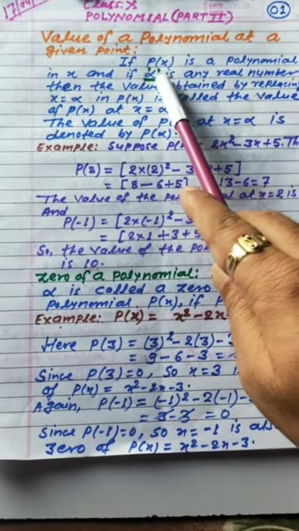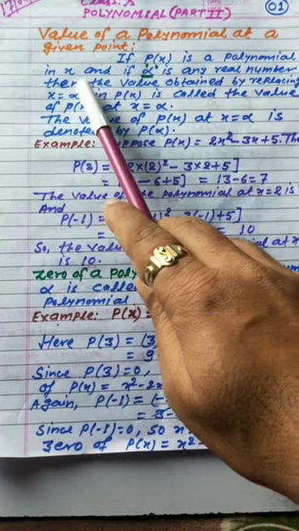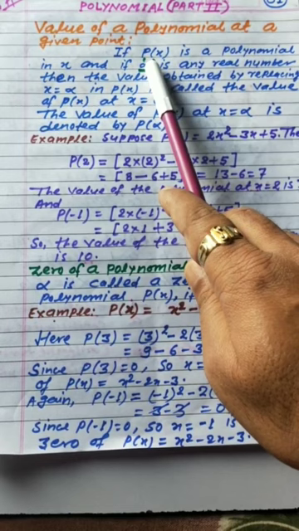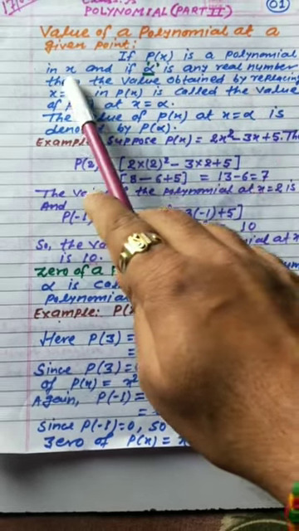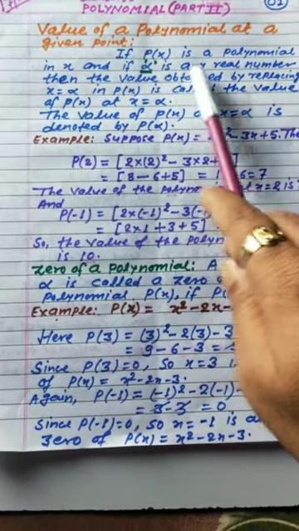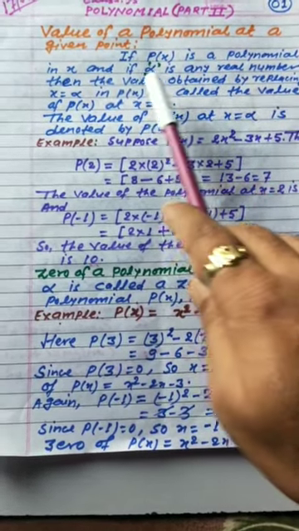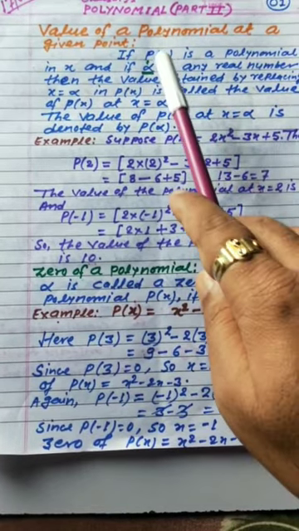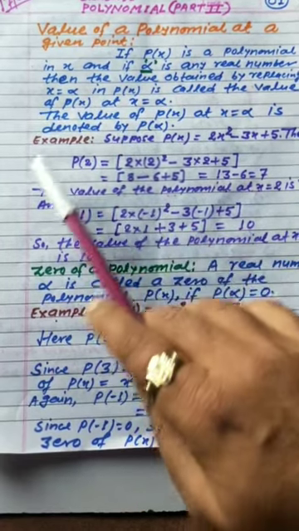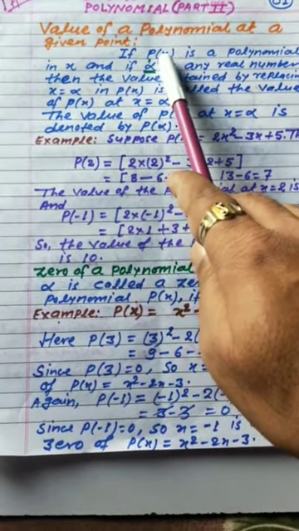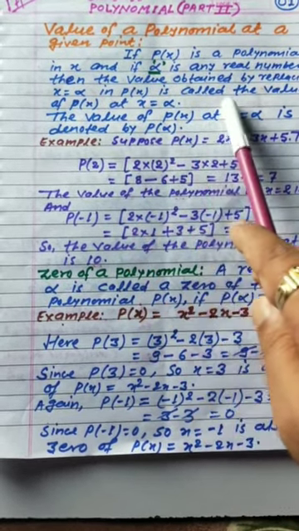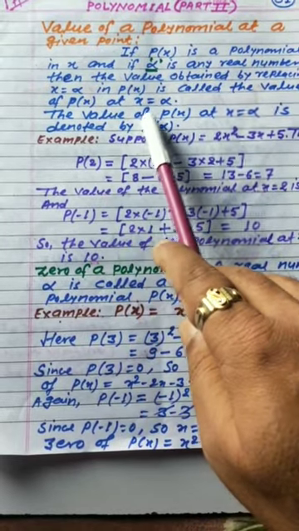If px is a polynomial in x, as we have learned, that is what px means, and if alpha is any real number, then the value obtained by replacing x is equal to alpha in px is called the value of px at x is equal to alpha.